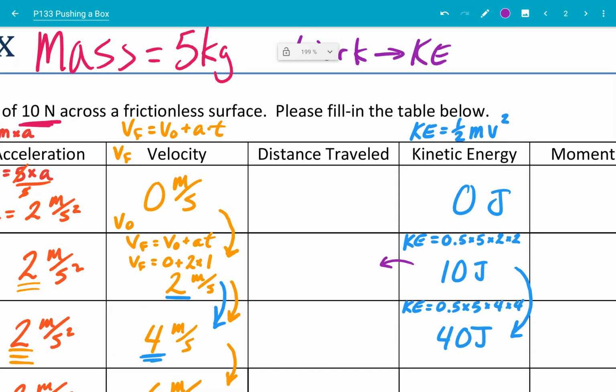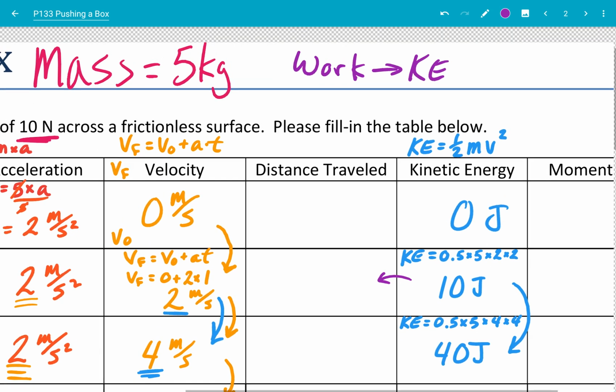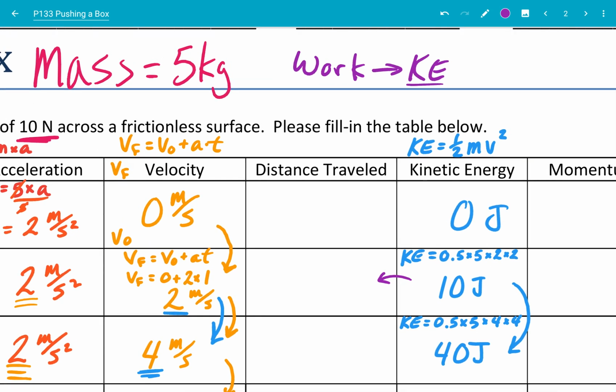Again, the kinetic energy that something gains comes from the work that was done. So for the first one, we did no work because it has no kinetic energy, and since we haven't done any work, it hasn't traveled any distance.